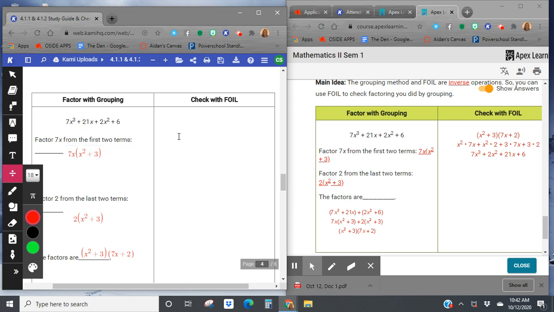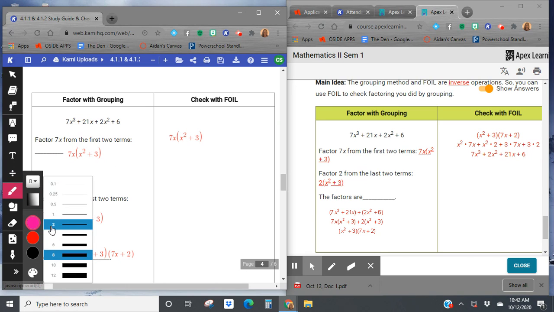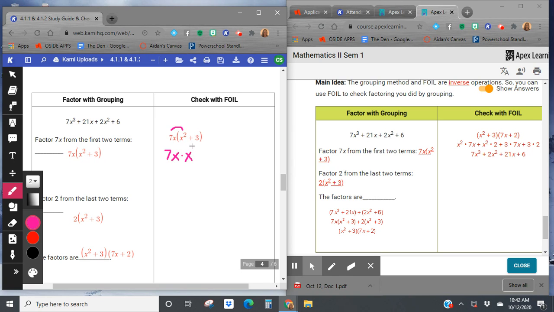I'm going to copy and paste it over. And then we're checking it with FOIL. So that means if I multiply 7x times x squared and 7x times 3, I would get 7x to the third plus 21x.